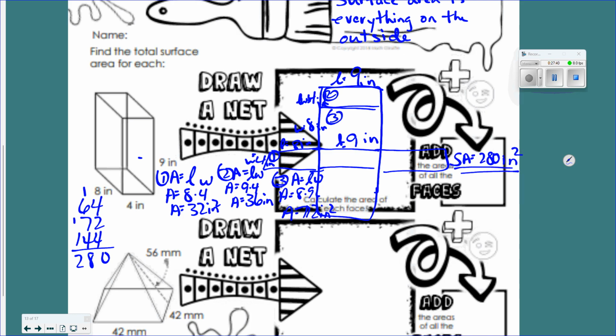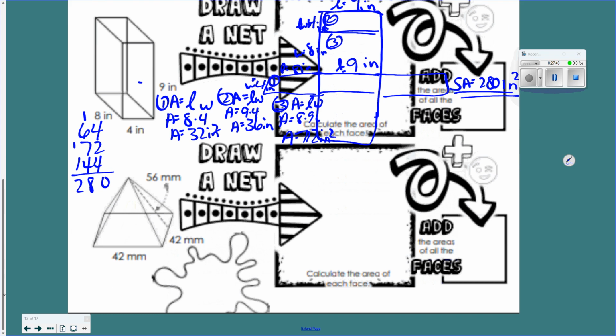Okay, my second one. This one is what shape? Square pyramid. My square has a base of 42, and it gave me a slant height of... I actually only have 2 shapes.